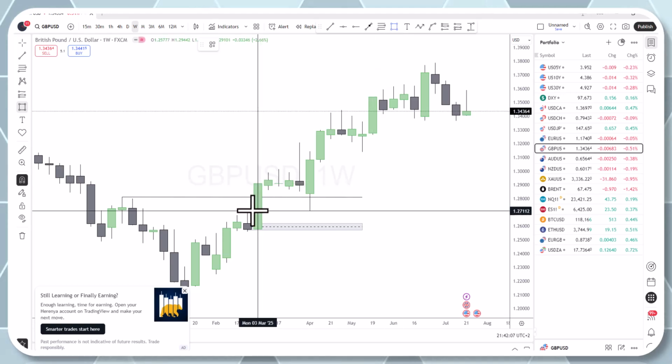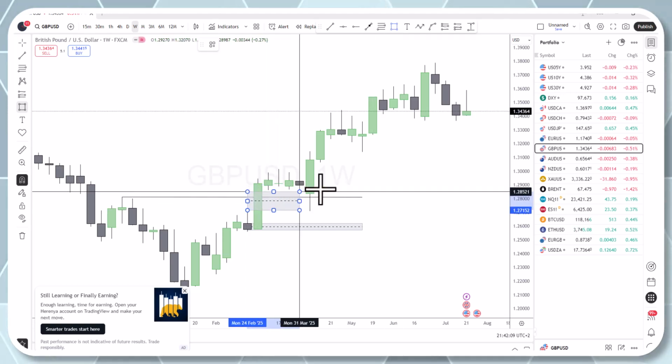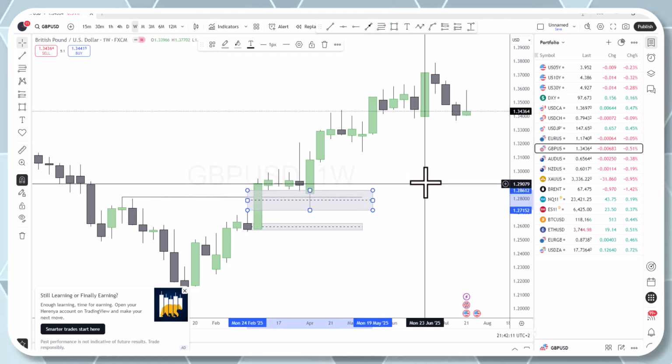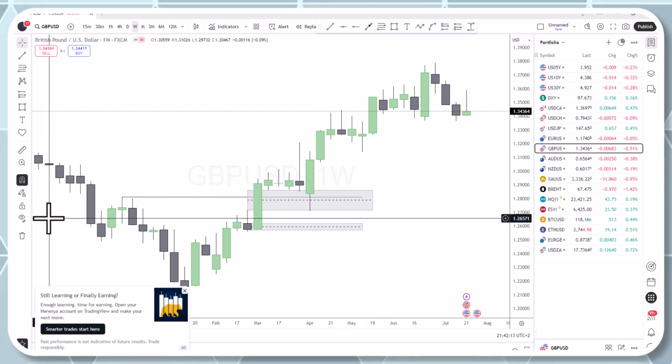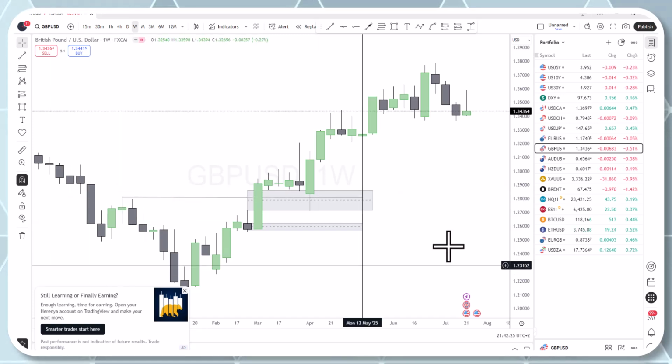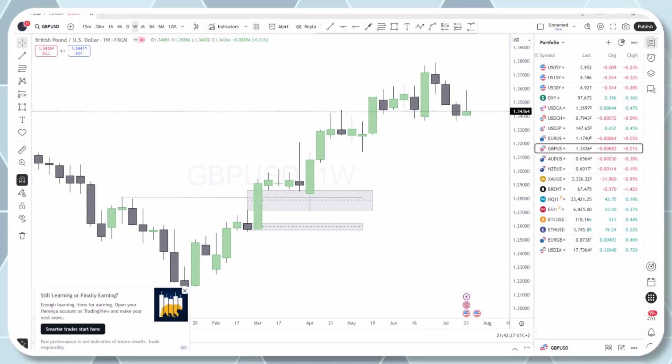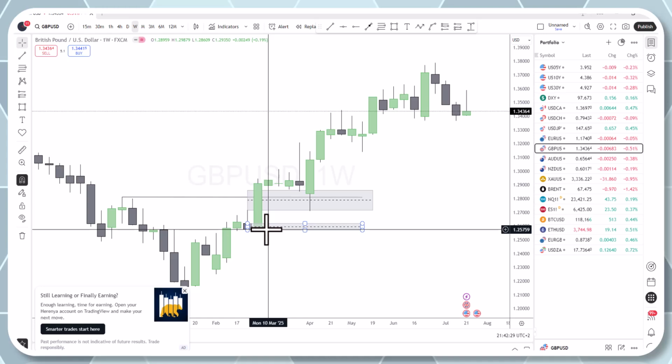We need to mark our imbalance right there. That's our imbalance. Look at the confluence that the break of structure and the fair value gap has got. Take note of that. So now we continue. So this is a valid bullish OB.